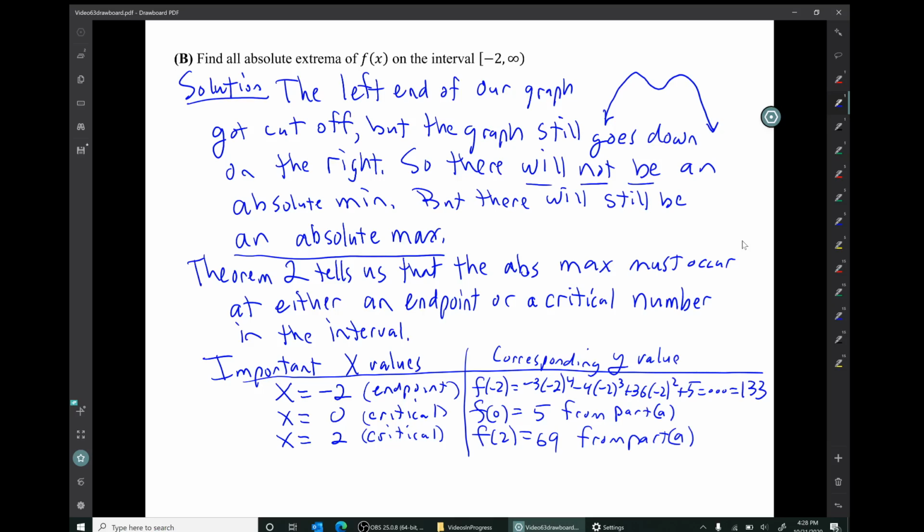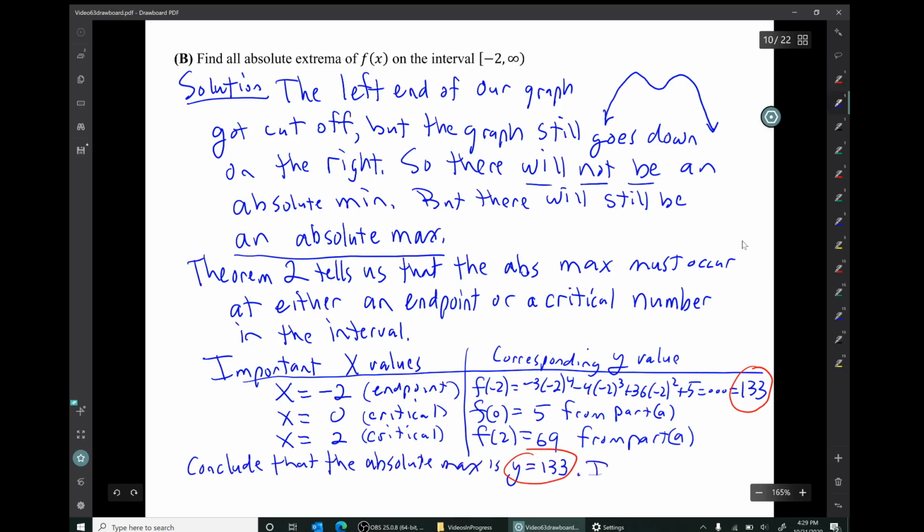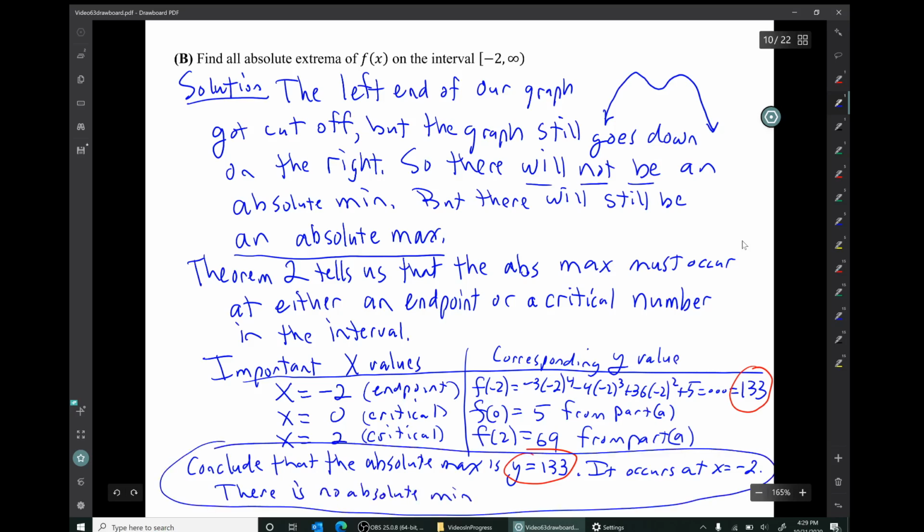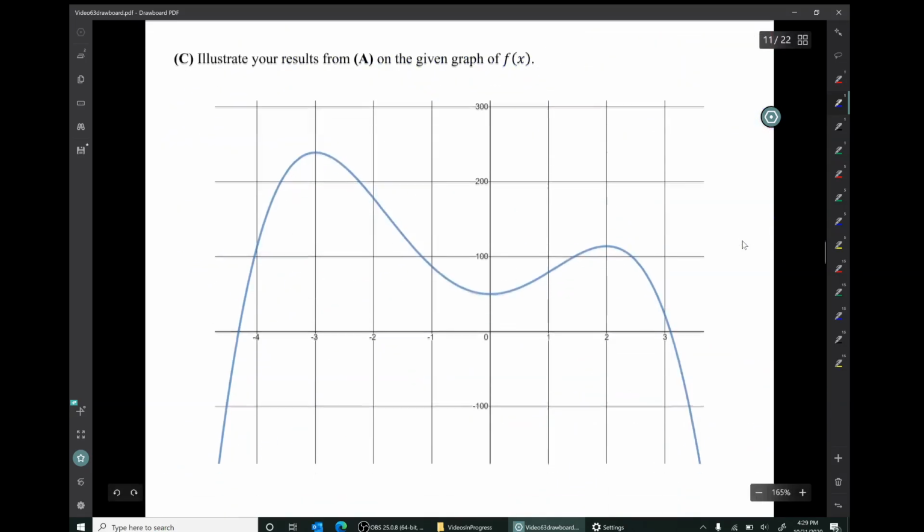Now, again, we're looking for an absolute max. It has to occur, and it's got to be at one of these 3 places. So we just simply identify the greatest one of these y values, and we make a conclusion about it being the absolute max. And again, it's worth concluding that the function will not have an absolute min. And there's our solution. Let's go on.